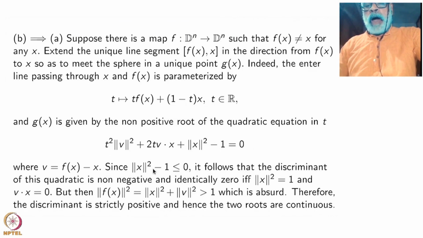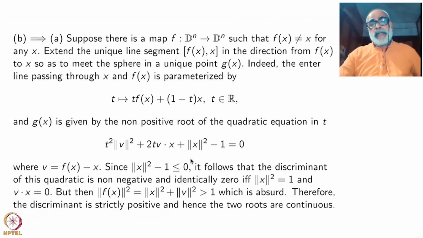Okay. Now, where does x range? x is inside the closed ball, Dn. Therefore, norm x square is less than or equal to 1. So norm x square minus 1 is less than or equal to 0. This is a non-positive thing. It follows that the discriminant of this quadratic is non-negative, and it is 0 if and only if norm x square is equal to 1.